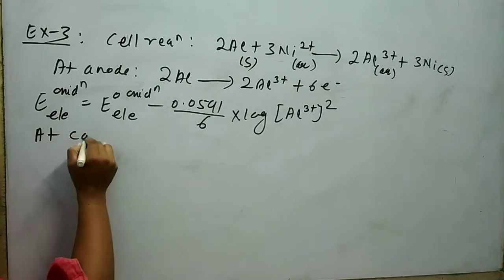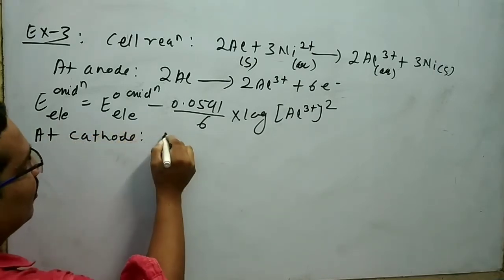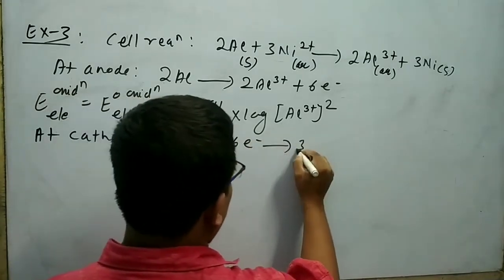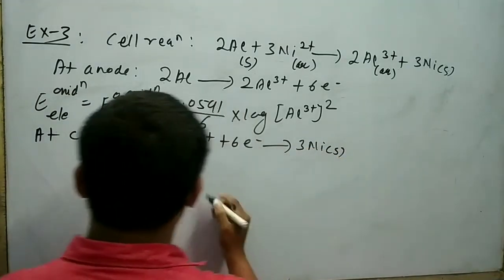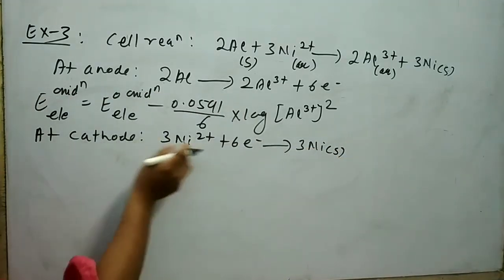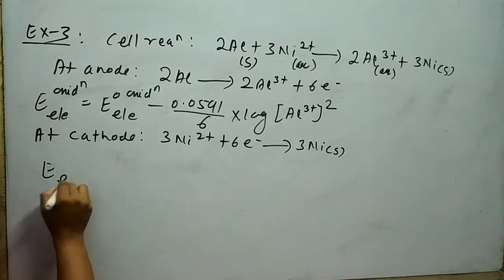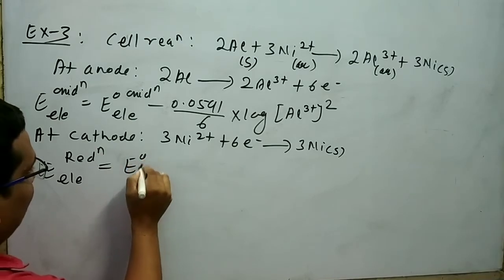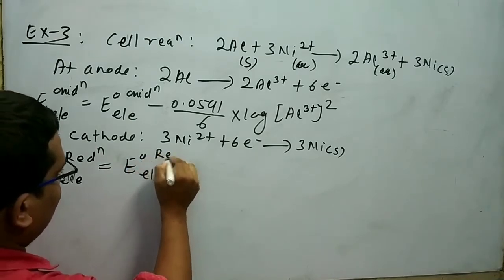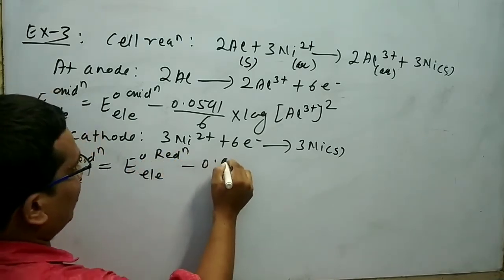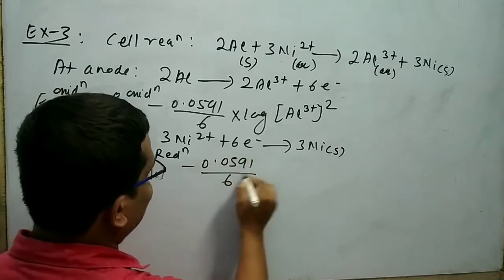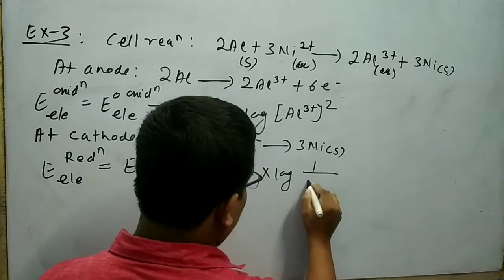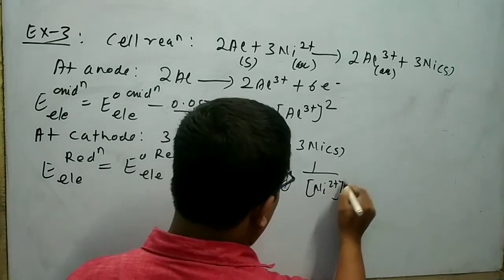Similarly, at the cathode, 3Ni2+ plus 6 electrons gives 3Ni solid. So I can write the Nernst equation for this reaction. E electrode reduction equals E0 electrode reduction minus 0.0591 divided by 6 into log of 1 by concentration of Ni2+ power 3.